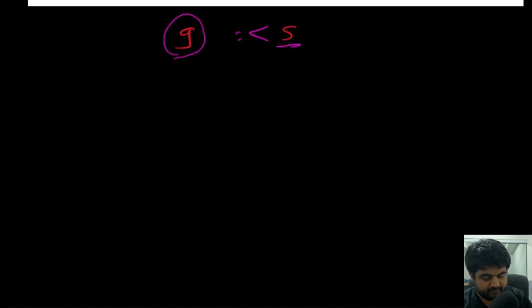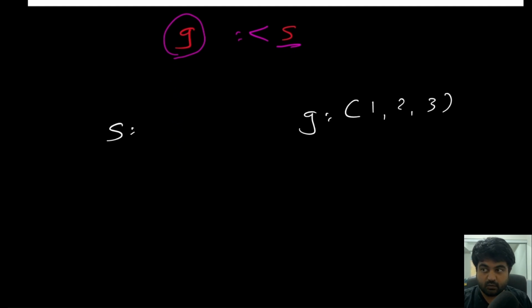Suppose we currently have 3 children, and each child has a different greed. Let's say the first child is okay with 1, the second child with 2, and the third child with 3. Currently we only have 2 cookies, and the size of both cookies is just 1. In this case, the first child has a greed of 1, so you can feed a cookie of size 1, and that's fine.